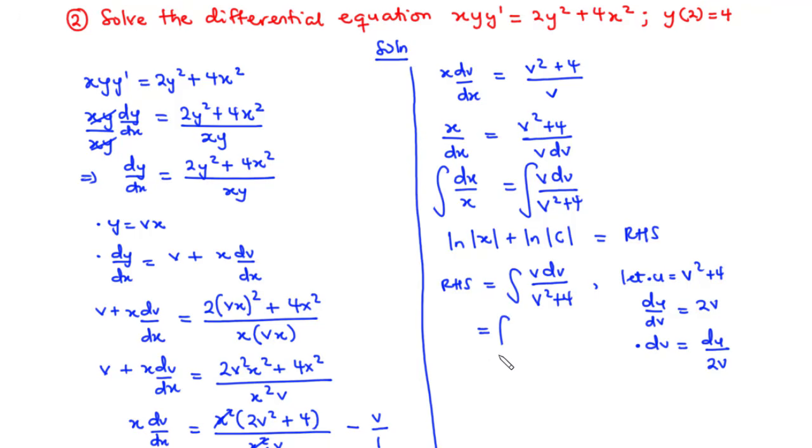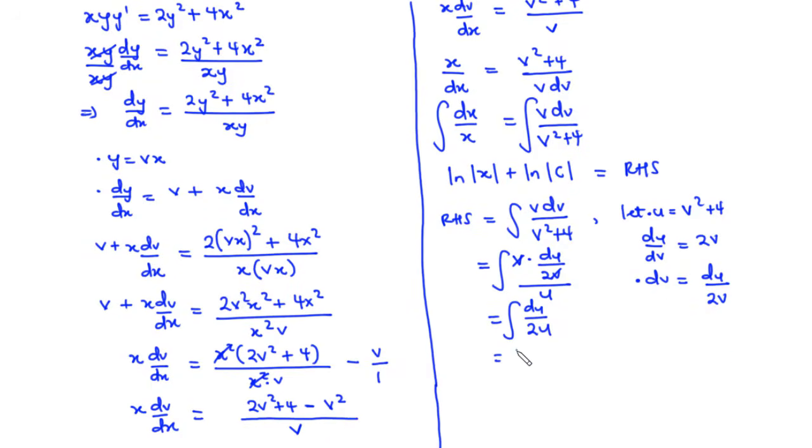So let's substitute dv and then u into this integral. So we are going to have the integral of v times dv, which is du over 2v, all divided by u. So v cancels out v. We are left with the integral of du over 2 times, this is u over 1, so it becomes times 1 over u. So we simplify this as du over 2u. So 1 over 2 is a constant, so it comes outside.